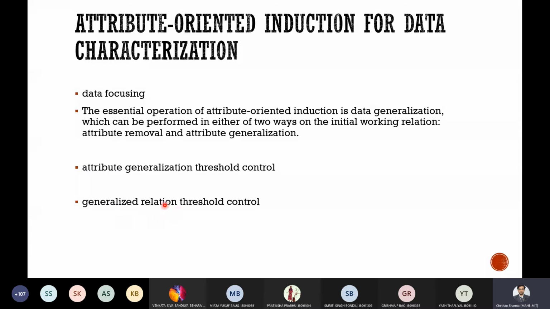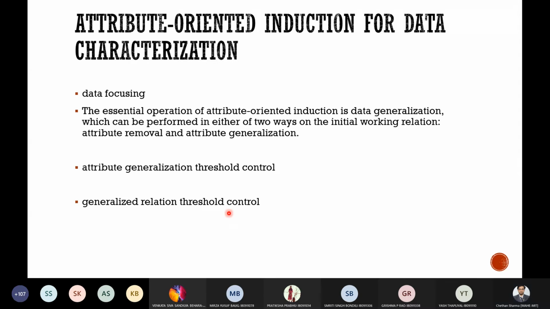The second technique is generalized relation threshold control. This also sets a threshold on the generalized relation. If the number of distinct tuples is greater than the threshold, then the generalization should be performed.